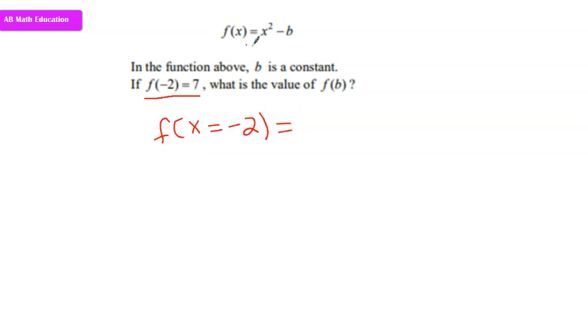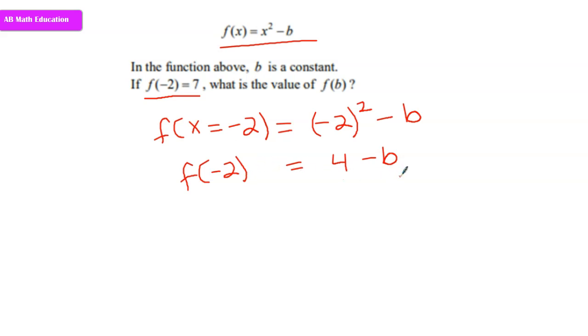What we get in this equation here is just going to be negative 2 all squared minus b, and when we do that we get 4, because negative 2 times negative 2 is 4, and then minus b. Okay, so when it's negative 2 we get this here, but we have been given that it is equal to 7, so this implies that 4 minus b must be equal to 7, and that will help us to find our value of b.